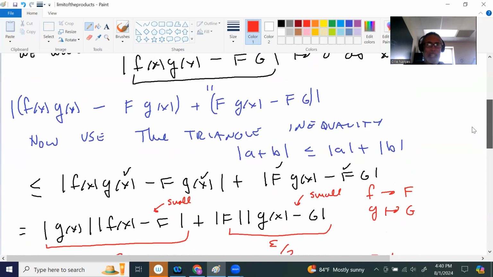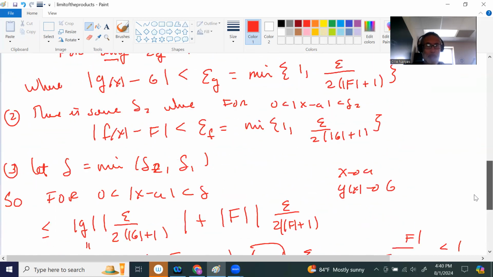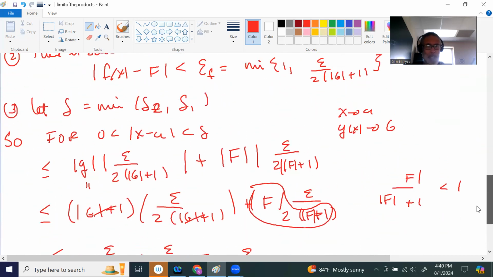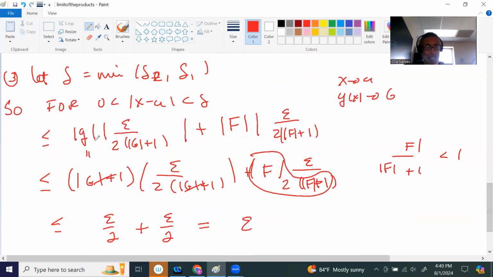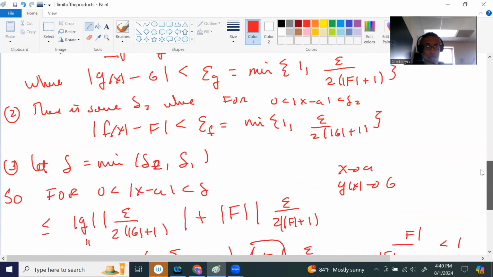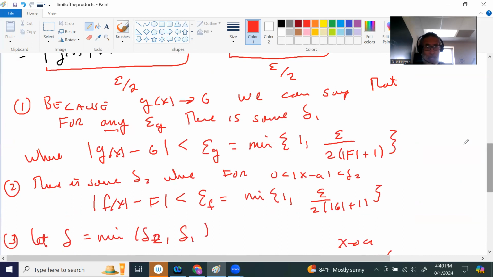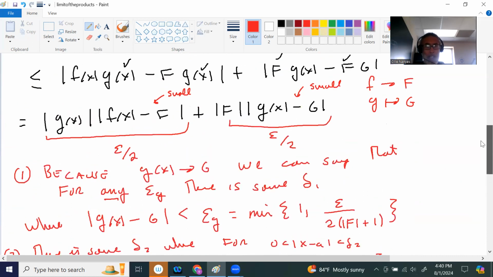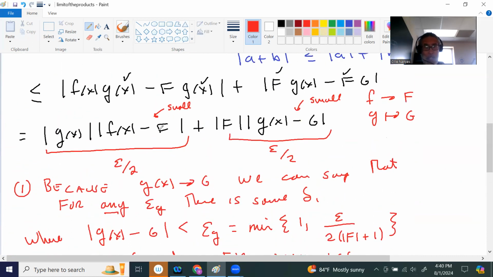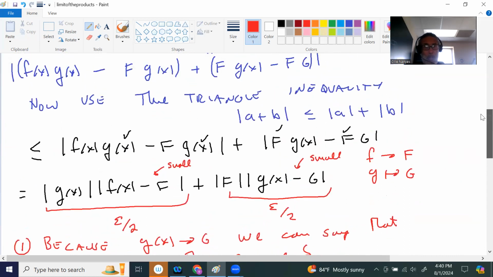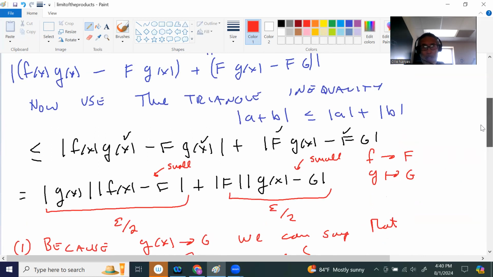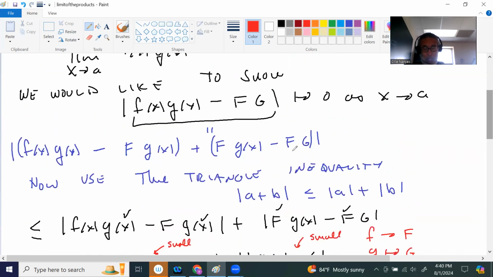So what we see here, remember our chain of equalities or inequalities, this part is bigger than that, greater than or equal to this, which is greater than or equal to this, which is greater than or equal to this, which is the same as this right here.